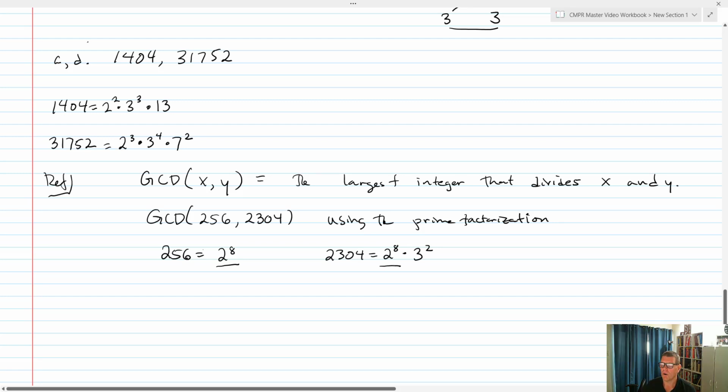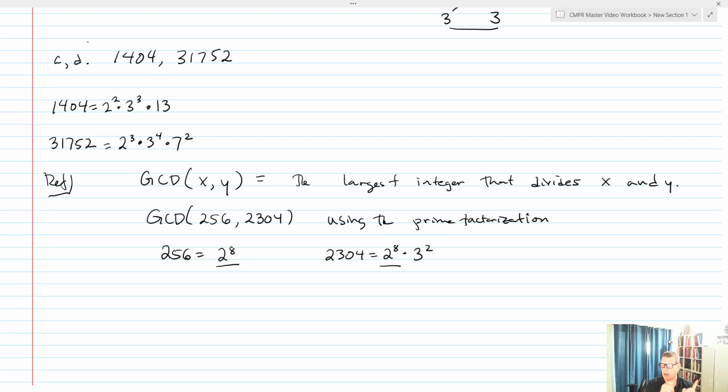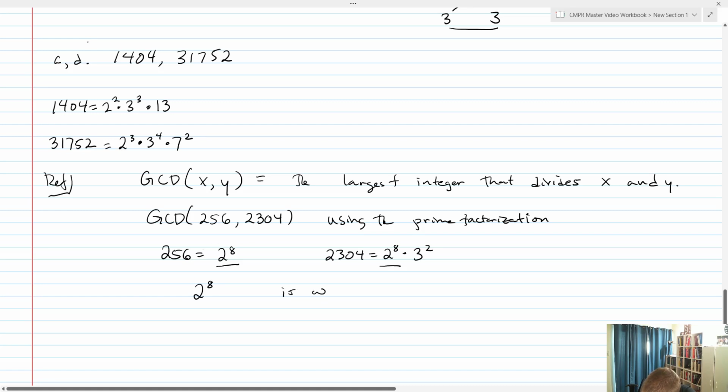So they have all of those factors in common. That means I can divide 2,304 by 2 eight times, just like I can do the same thing with 256. So 2 to the 8th is what both have in common.